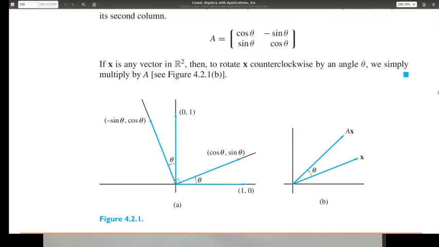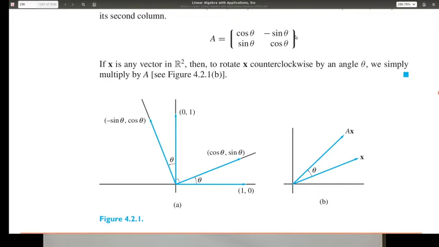Similarly, this was e1, this was e2. e1 will be mapped onto cosine theta, sine theta. You can apply a bit of trigonometry and check that the height will be sine theta and the length cosine theta. For e2, the length will be minus sine theta because it's on the negative x-axis, and the height will be cosine theta because of this angle.